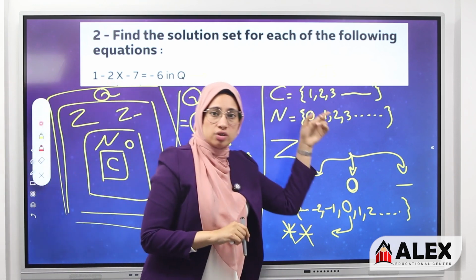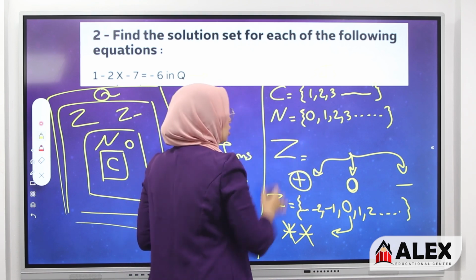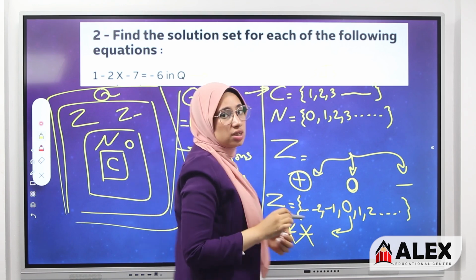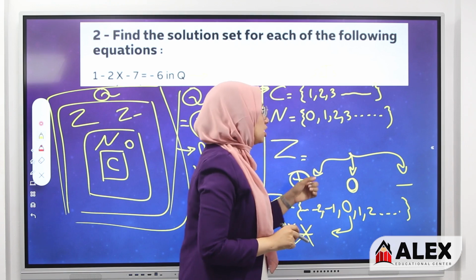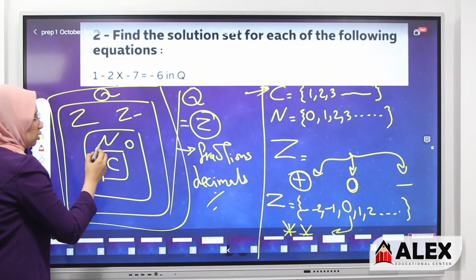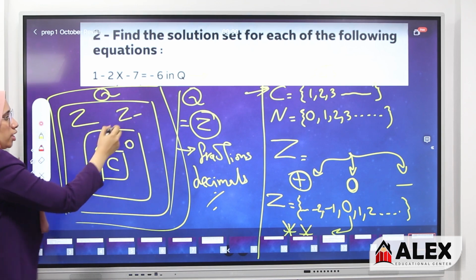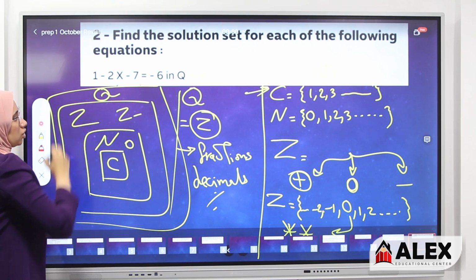And have a note here. The negative integer numbers, and the positive integer numbers are the same as the counting numbers. Then here, natural numbers with the negative numbers give me what? The integer numbers.